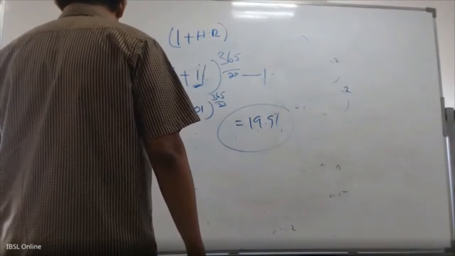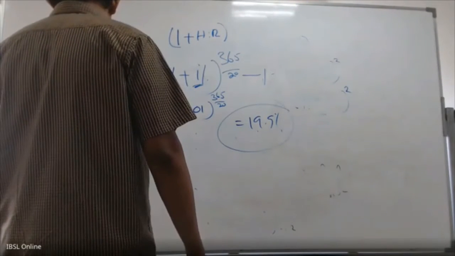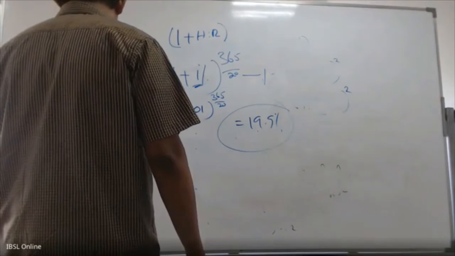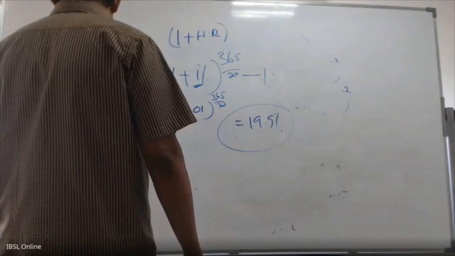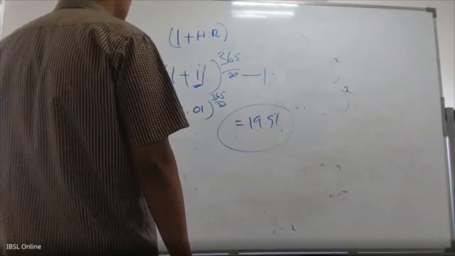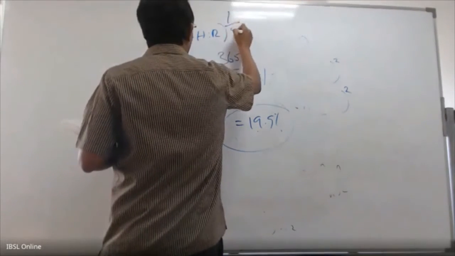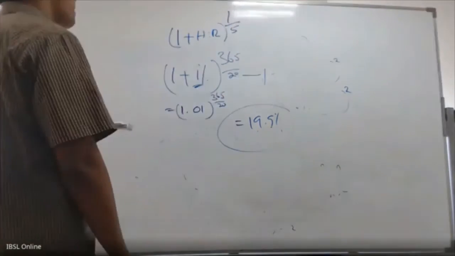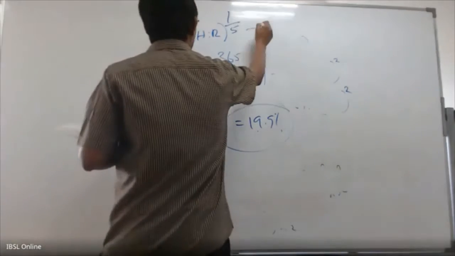Investment earns 200% during a 5-year period. What is the annualized holding period return? So if it is 5 years, 1 divided by 5, then minus 1.